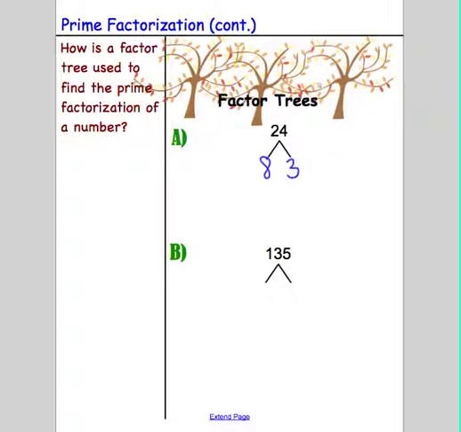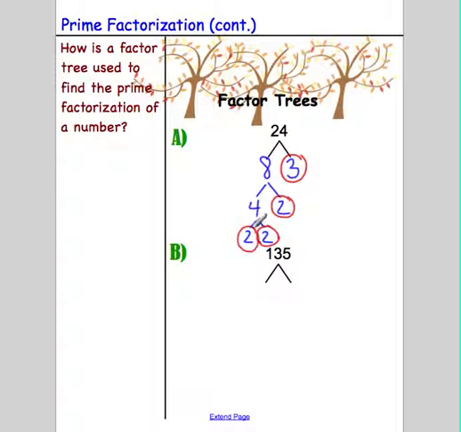Then I look here and I say, 3 is prime, so I'm going to circle it so I know that I'm at the end of my tree branch and I don't need to go further. 8, on the other hand, can be divided into 4 and 2, and 2 is prime. Now I can go back again and say 4 is divisible by 2 and 2, which I know are both prime, so therefore I have them.